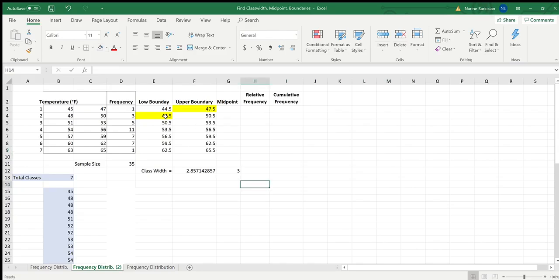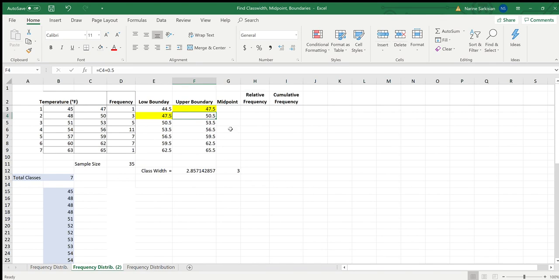The low boundary for the second class is the same as the upper boundary for the first class, then the low boundary for the third class is the same as the upper boundary for the second class, and so on.